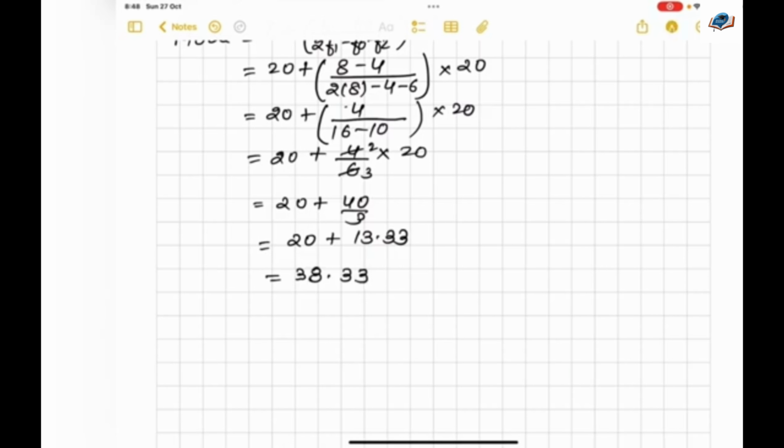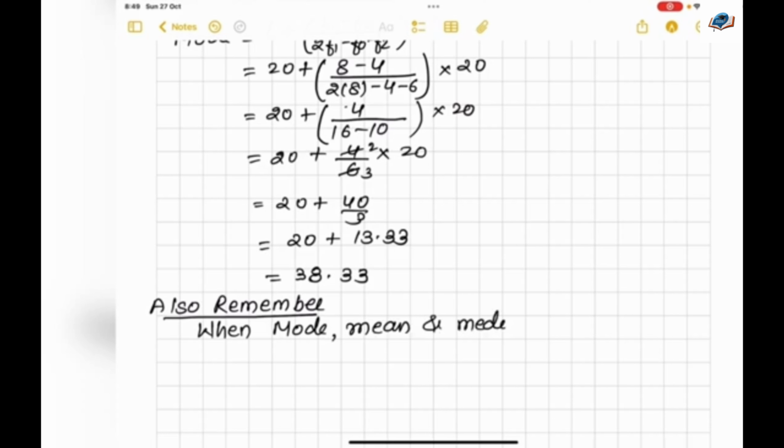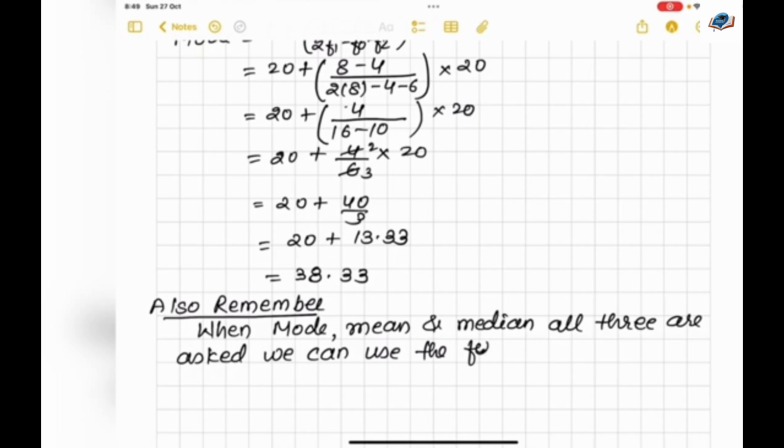Now, also remember one more formula. Also remember, when mode, mean, and median, all three are asked, we can use the formula 3 median equal to mode plus 2 mean.